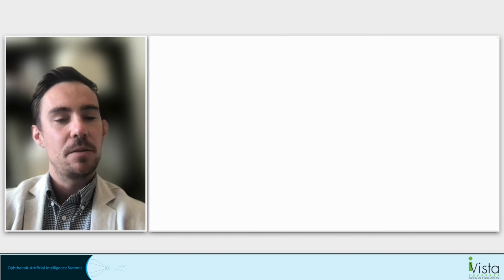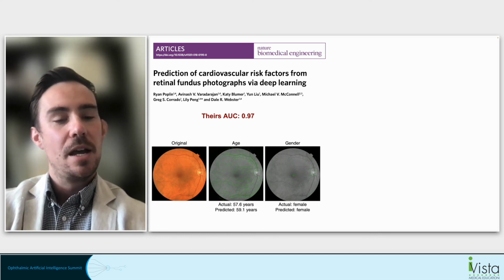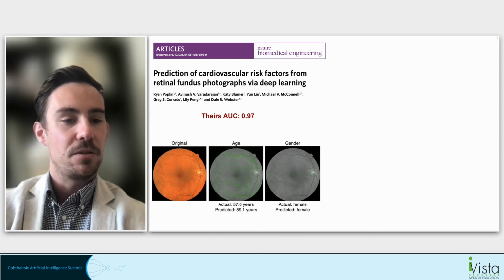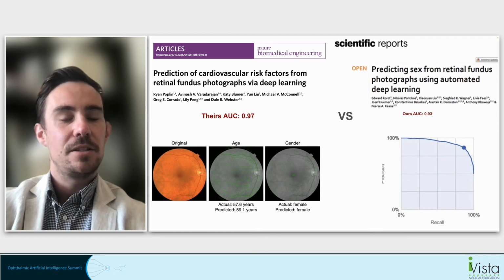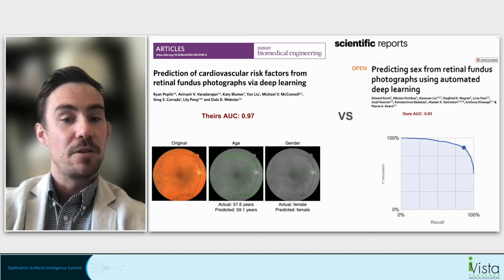And so this work was actually a replication of a famous work published prior in Nature Biomedical Engineering by Google. And this was with expert coders at Google with all their resources, and their AUC was 0.97. And our AUC without coding with publicly available data sets was 0.93, so pretty close.